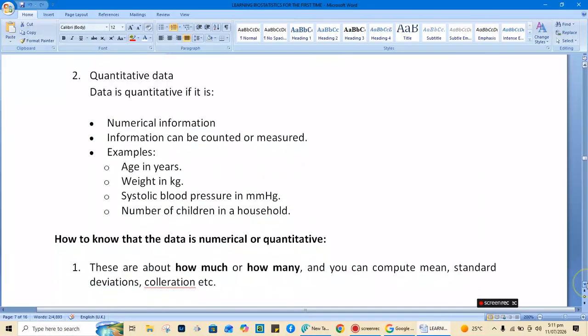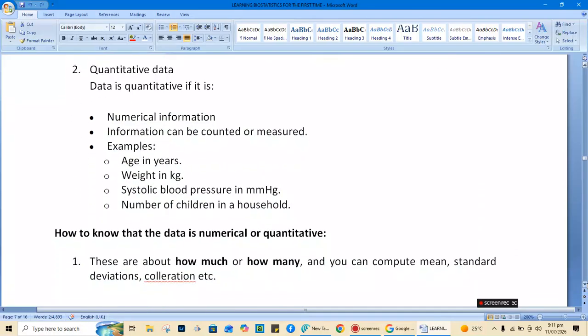Yeah, let's go to quantitative data. Quantitative data is data that is numerical, that has numerical information which can be counted or measured. So quantitative data is numerical information that is obtained by counting or measuring.